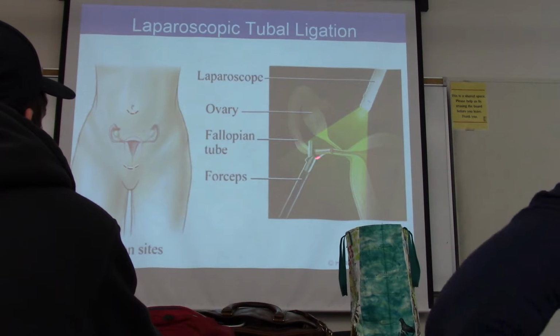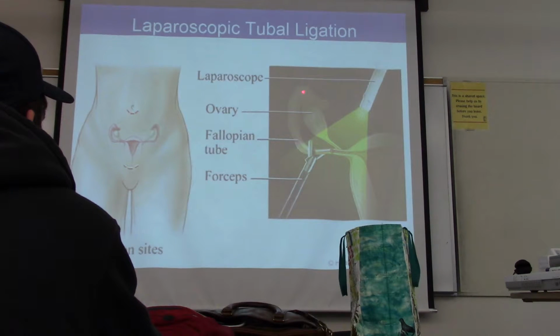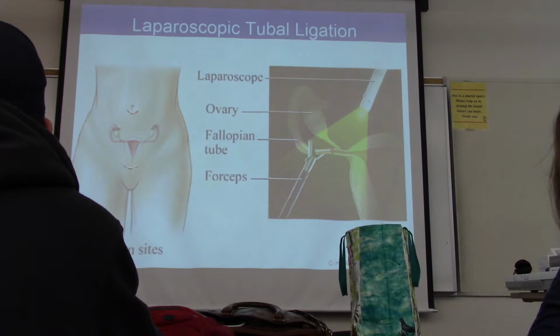But anyway, once that piece is gone, then clearly the egg cannot get downstream and the sperm can't get upstream, so they can't get together. And that's a really wonderful form of permanent birth control. I think the most opportune time to have a tubal ligation is right while you're in the hospital having a baby.